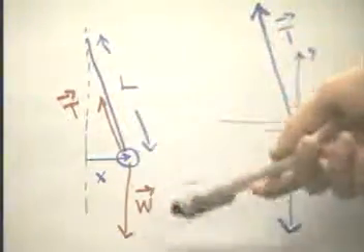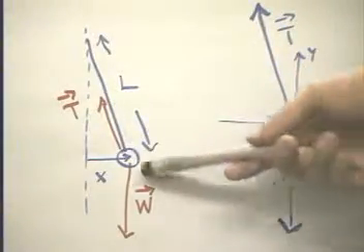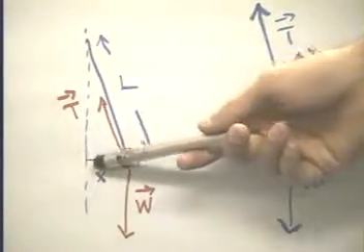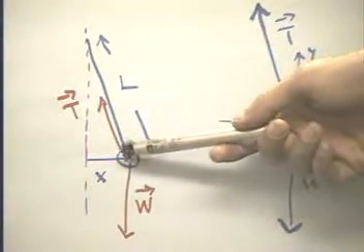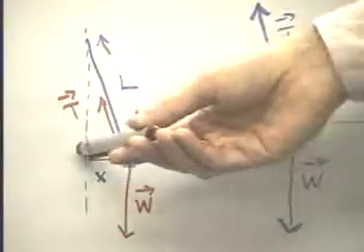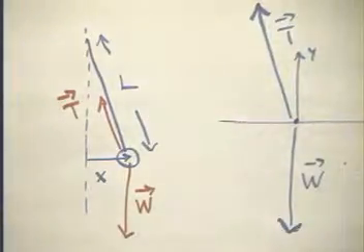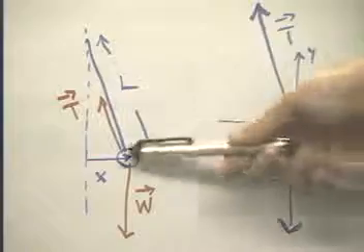But if the displacement x is small compared to L, then that arc will be almost a straight line. The pendulum won't be very high at all above its equilibrium position, and most of the displacement is in the x direction. What we're going to be concerned with here exclusively is small oscillations of the pendulum, small displacements.